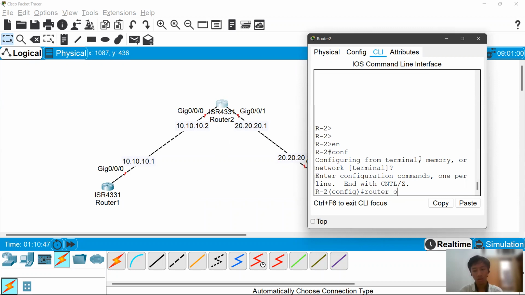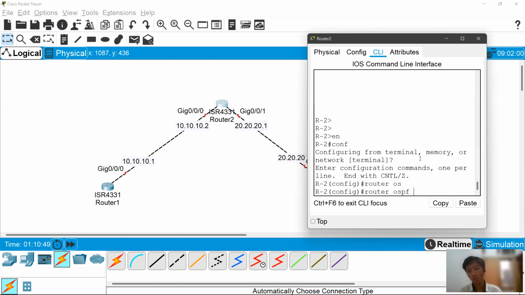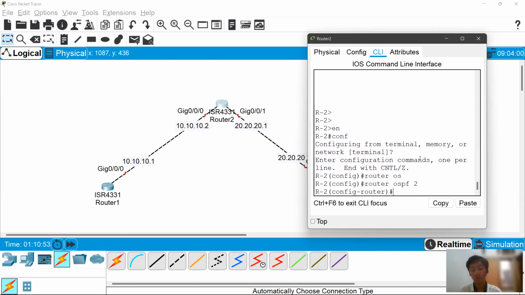Router OSPF, we try a different process ID. Network. Oh yeah, to look at the network, do show ip interface brief.